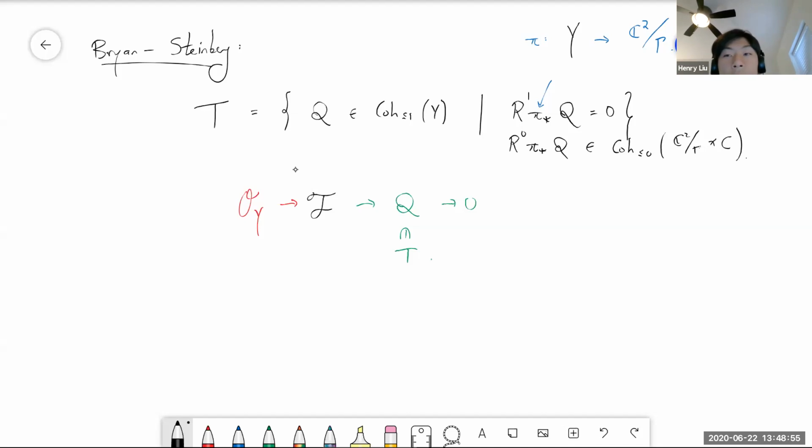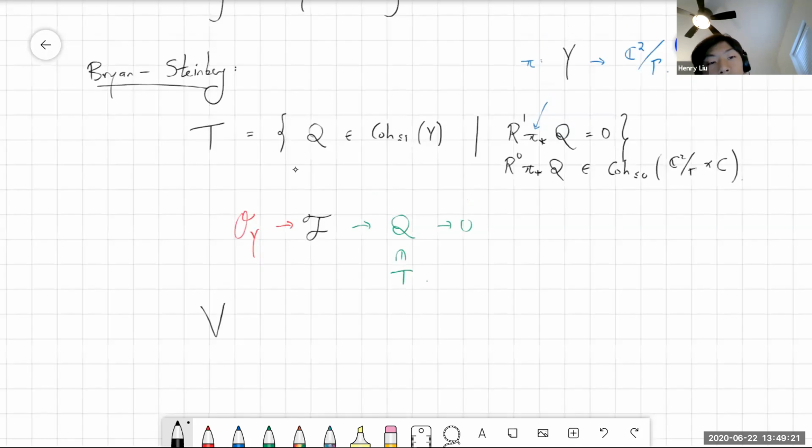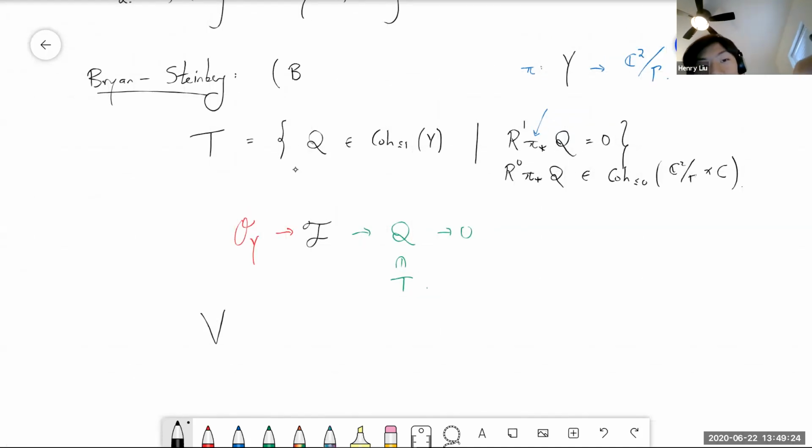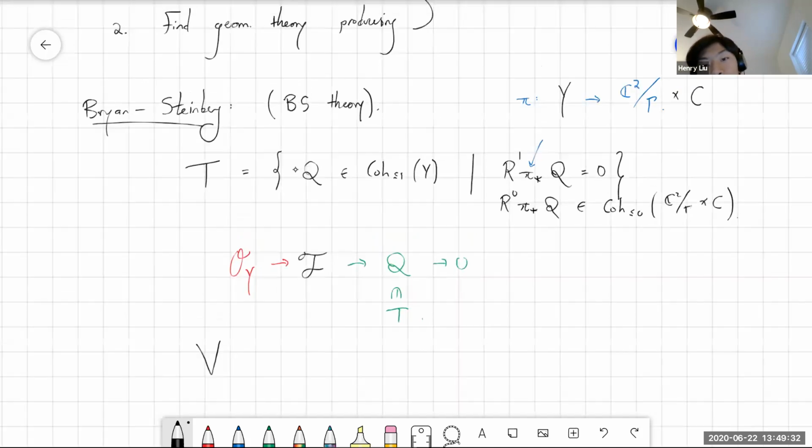And so, as in DT or PT theory, you can write down a vertex for this new theory, V. But now this vertex is slightly different from the DT or PT vertices. So in the usual DT or PT pictures, your fundamental building block is C3, right? This is like the only affine chart of any toric threefold. Here, this theory by B and S, which we'll abbreviate as BS theory, will depend on the choice of a resolution pi.